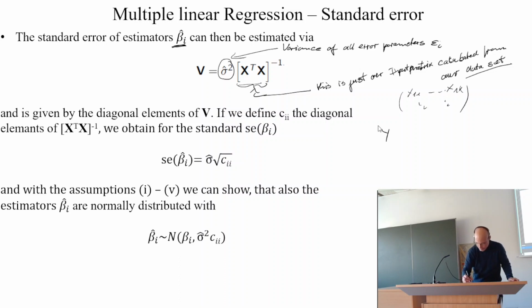What we have in the matrix description is y equals x beta plus epsilon, and then we could write epsilon is y minus x beta.